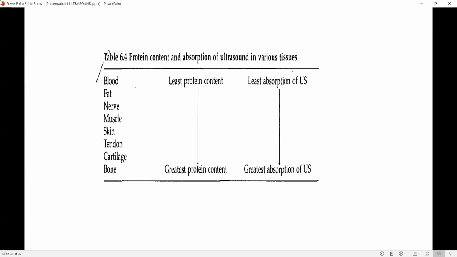Protein content and absorption of ultrasound in various tissues: blood, fat, nerve, muscle, skin, tendon, cartilage, bone. Least protein content to greatest protein content, and least absorption of ultrasound to greatest absorption of ultrasound.